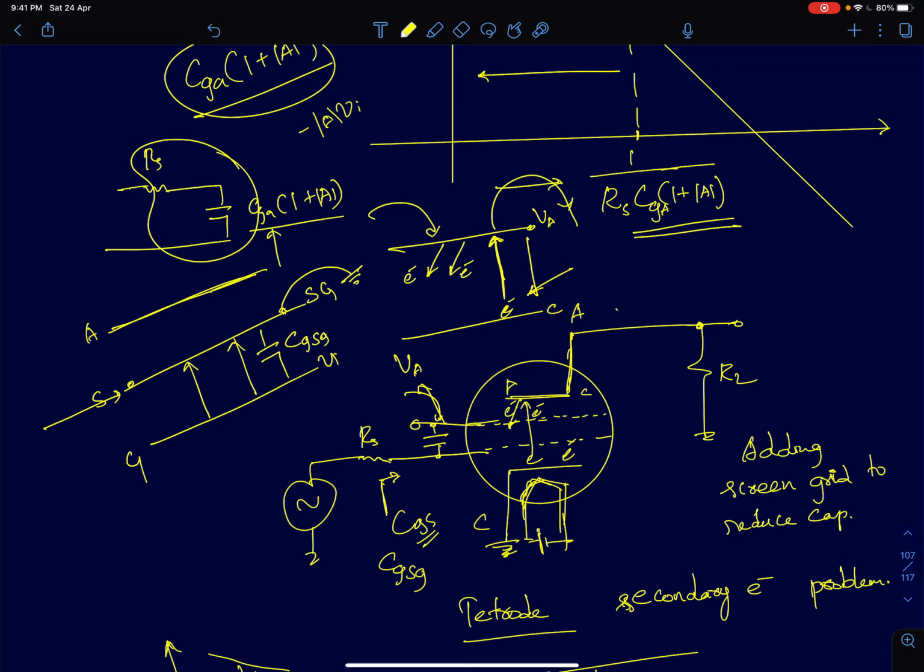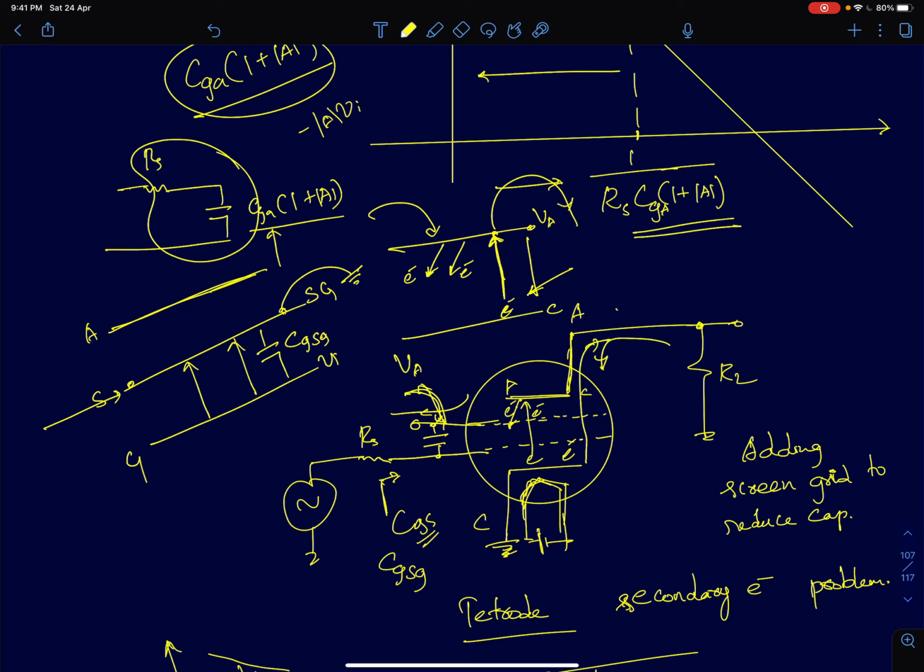Now these secondary electrons were drawn towards the screen grid terminal because that was held at a higher voltage, which means the anode plate has lost some electrons. Now remember, what constitutes the anode current is the total electrons which go from cathode into anode.